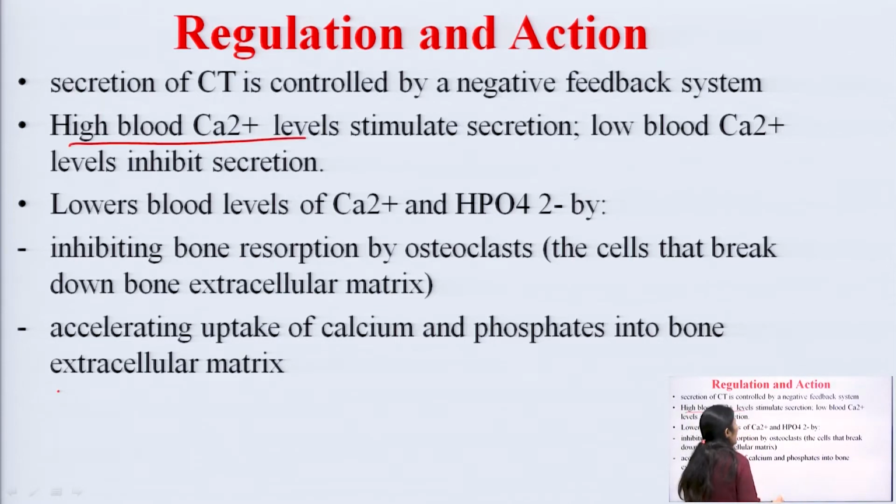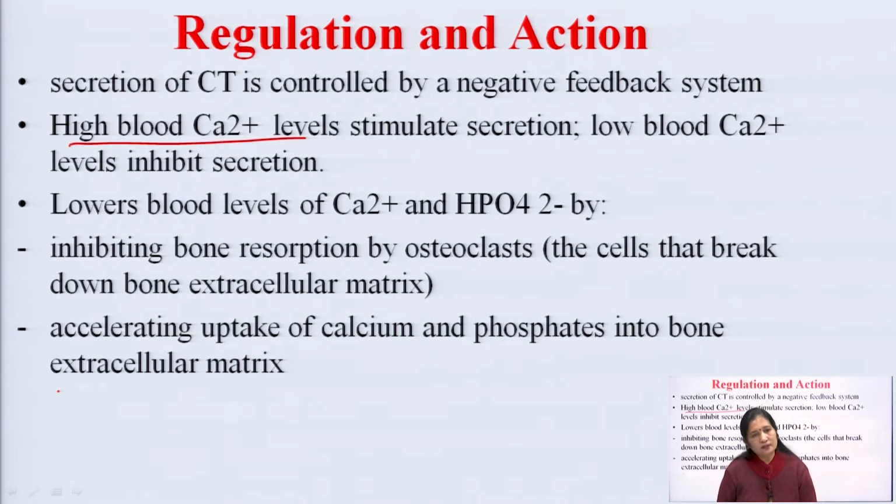When there is a high blood calcium level, it will stimulate the secretion of calcitonin, while a low blood calcium level will inhibit the secretion of calcitonin. Because calcitonin is a hypocalcemic hormone, that is, it decreases the blood calcium level, whenever there is high blood calcium, it will stimulate the secretion of calcitonin, so that the blood calcium level can be reduced by calcitonin.